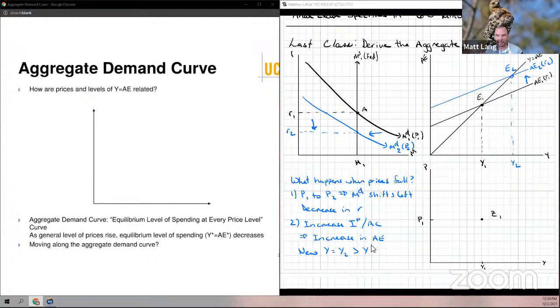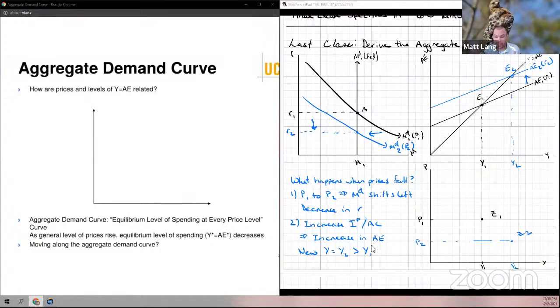So prices have gone down from P1 to P2, and our equilibrium level of Y is going from Y1 to Y2. It's going up, right? So now we can project that down here. We're here at Y2, and we can call this P2 right here. So this would be point Z1, or Z2 rather, sorry.